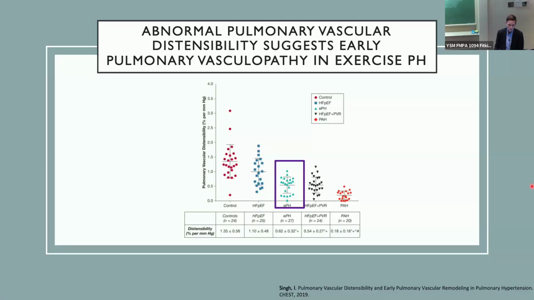Distensibility has also been shown to be reduced in patients with mild pulmonary vascular disease without overt resting pulmonary hypertension, indicating that dysregulation in this property is a relatively early finding in this disease process.